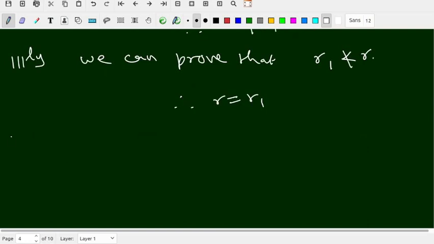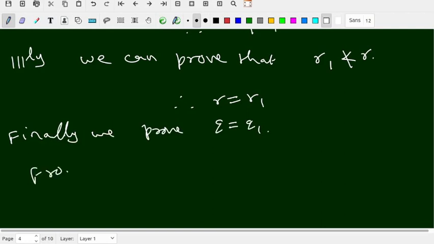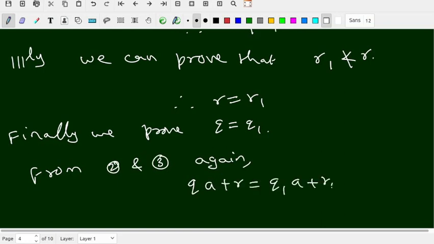Right? So finally we prove that q equal to q1. From 2 and 3 again, equating 2 and 3, we have qa plus r equal to q1a plus r1.